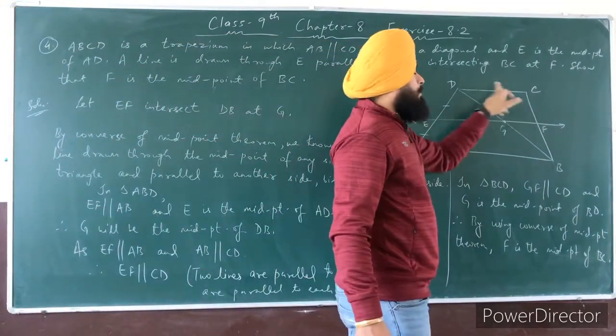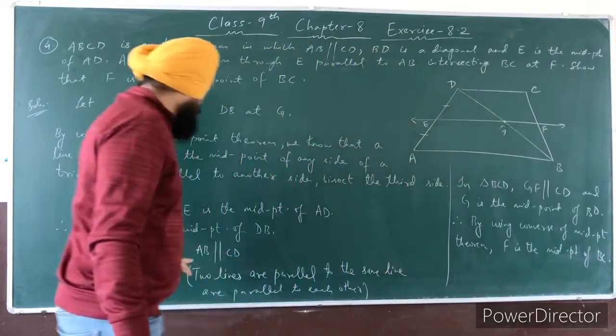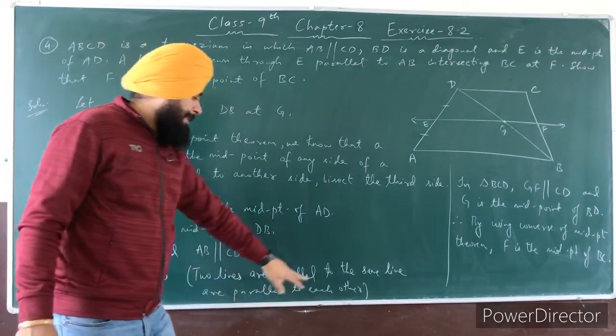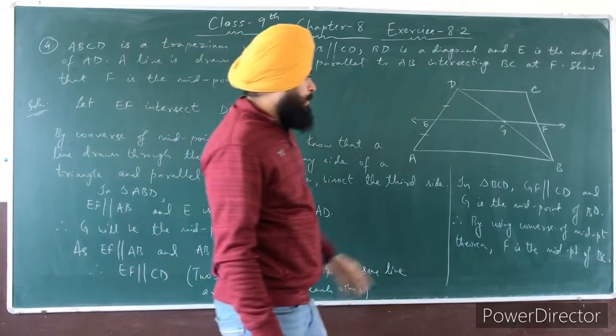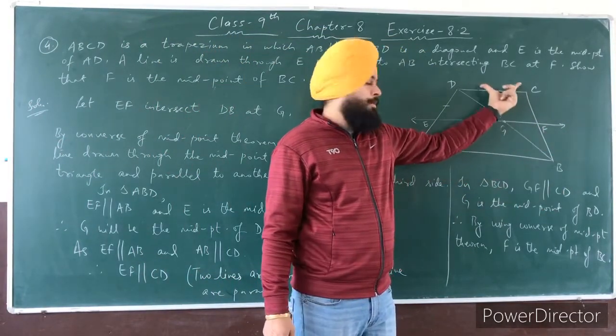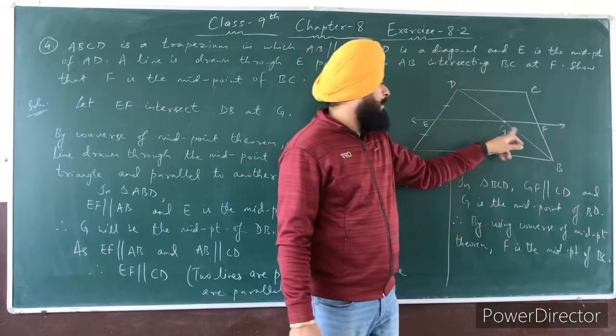In triangle BCD, EF is parallel to DC and G is the midpoint of BD, which we proved from here. Clear? EF is parallel to CD because two lines parallel to the same line are parallel to each other. So in triangle BCD, GF is parallel to CD and G is the midpoint of BD.